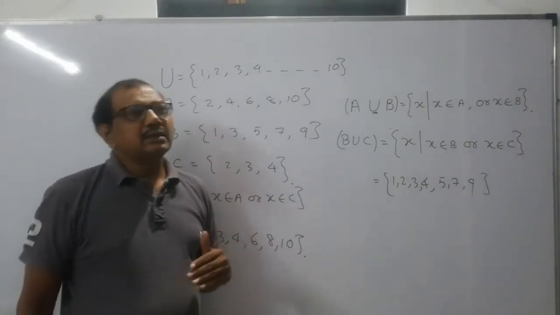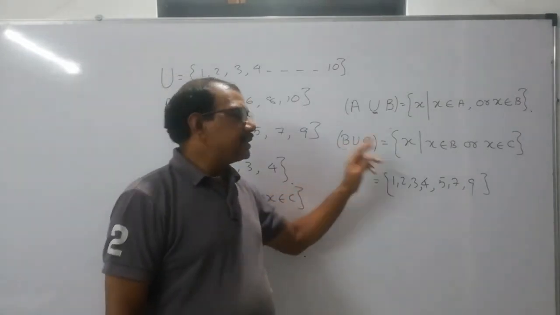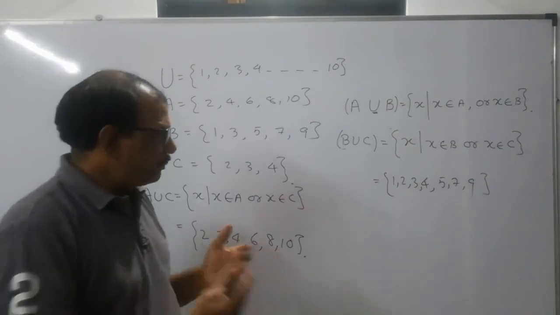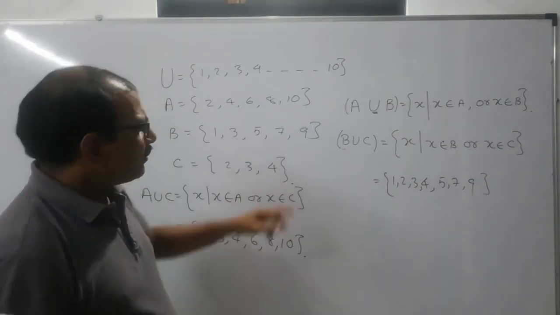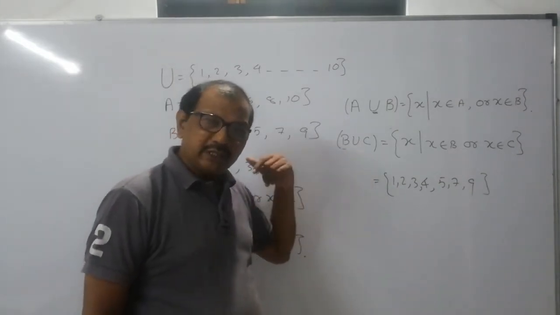Now there are certain understandings. Say when I talk about B union C, it is once again a set of elements which either belongs to B or belongs to C. So definitely B will be a subset of B union C. C is also a subset of B union C, right?